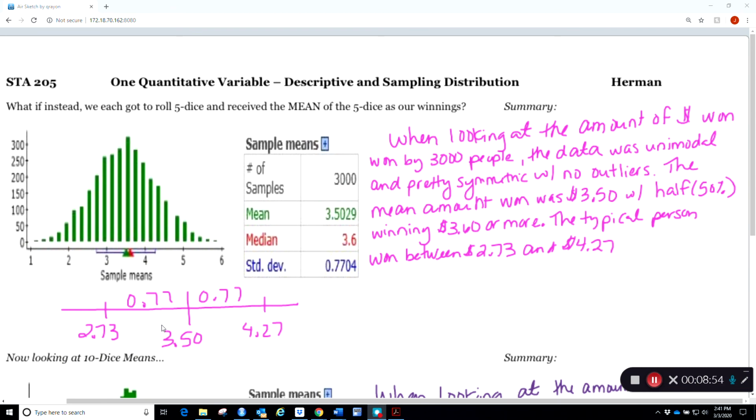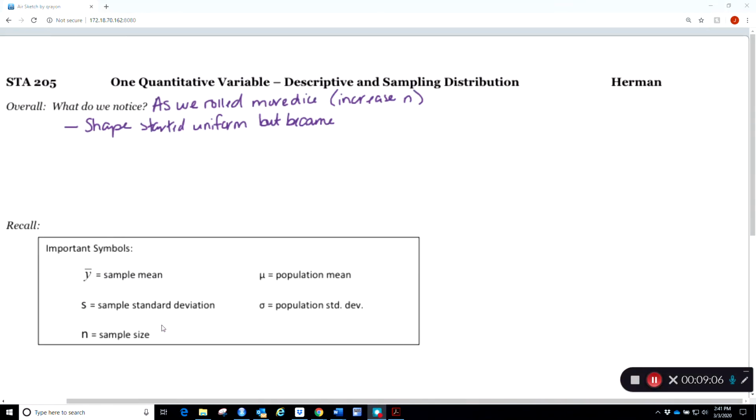And so hopefully, see, if I were to actually put a picture on that, like a nice little curve, that really looks like our normal distribution that we've drawn a lot. So it very much became normal looking as we sampled larger samples.